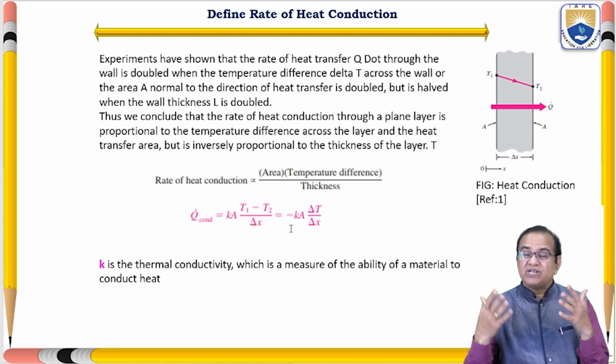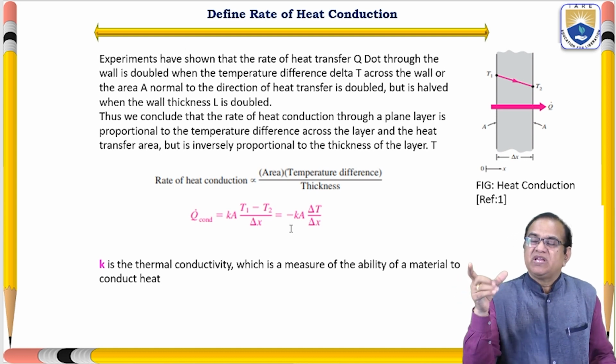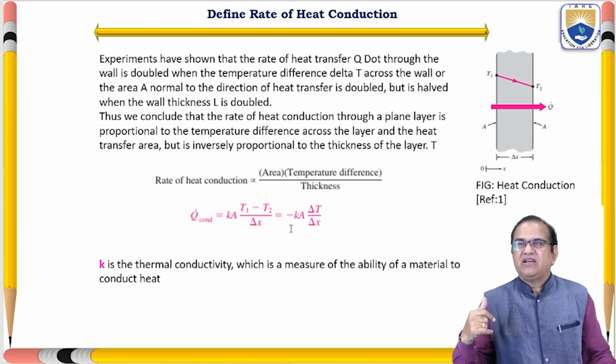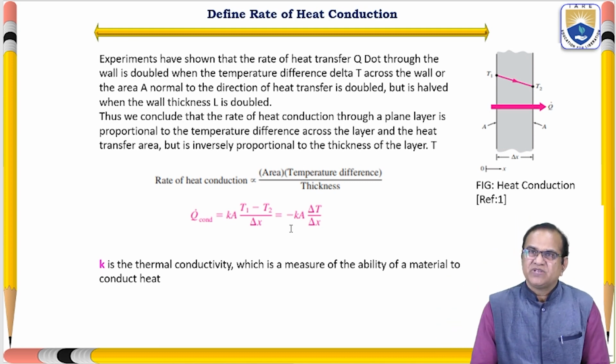So it is inversely proportional to the thickness and directly proportional to the temperature difference and the area perpendicular to the surface. Thus we conclude that the rate of heat conduction through a plane layer is proportional to the temperature difference across the layer and the heat transfer area, but it is inversely proportional to the thickness of the layer.